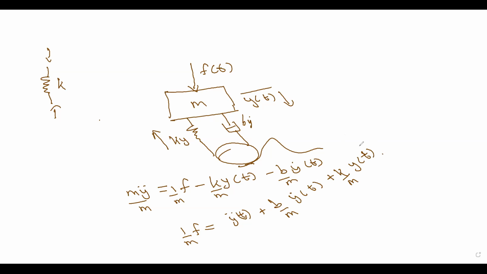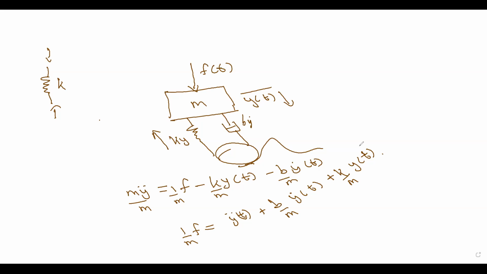Yeah, okay. So this is the overall system. You can see that this is a second order system. After you get this response, what can you do? This is a second order model.